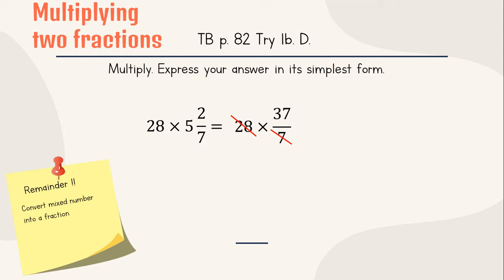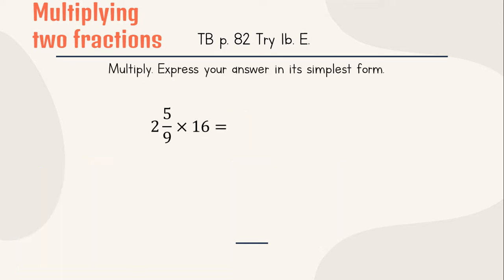Yes, by dividing that 7 and that 28. 28 divided by 7 is 4. 7 divided by 7 equals 1. So what we have is 4 times 37 per 1, which is 148 per 1. Don't forget, whenever you have per 1, it can be a whole number. So the answer for 1b point D is 148.